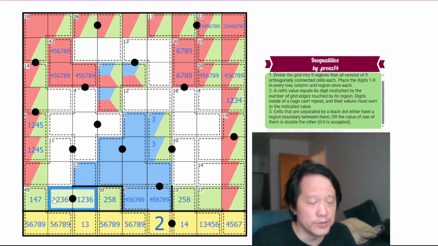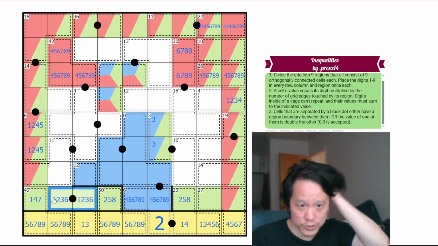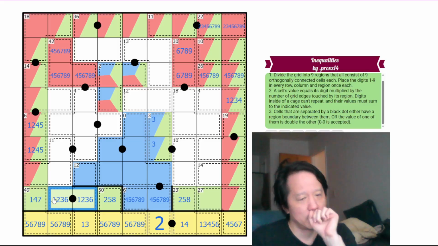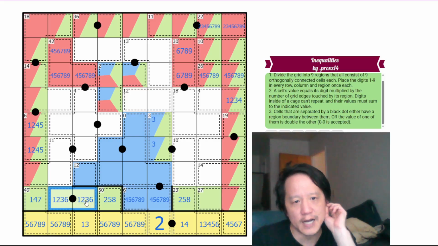So either this is 1, 2, and that's... If this is 3, this has to be 1, 2. Or if this is 1, this has to be 3, 6. That's 9, plus 1 tripled is 3, that's 12.